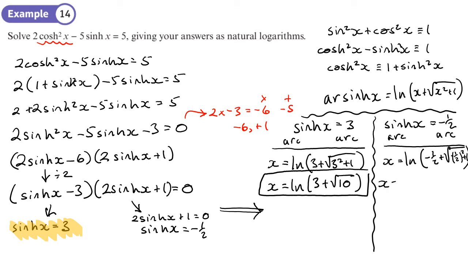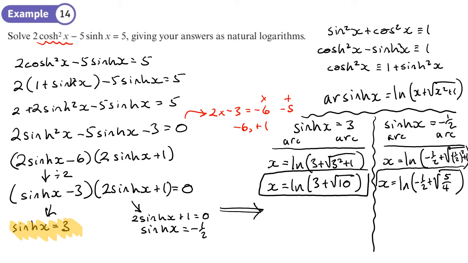Now if I do that, I will get ln of negative a half, and then I've got negative a half squared, which is a quarter. So I've got a quarter plus 1, which is 5 over 4, so plus root 5 over 4, which I suppose you could write as root 5 over 2, and there's our second solution.